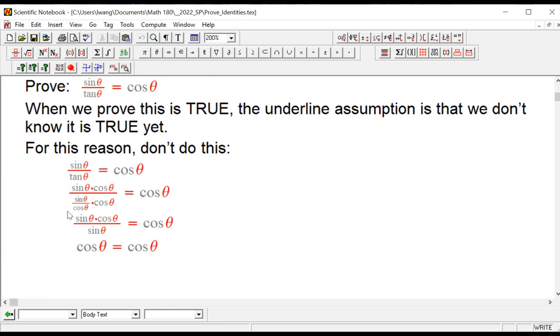Then from this being true, therefore the next is true, and so on, until cosine theta is the same as cosine theta. So you start by assuming this is true. Remember, when we are to prove something, we don't know it's true yet. So you cannot start with it. Please do not prove it this way.